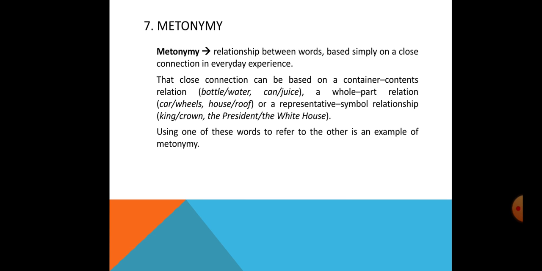Using one of these words to refer to another is an example of metonymy. So for example, I need a bottle of water. It means you are using metonymy because bottle and water have a relation between the words.